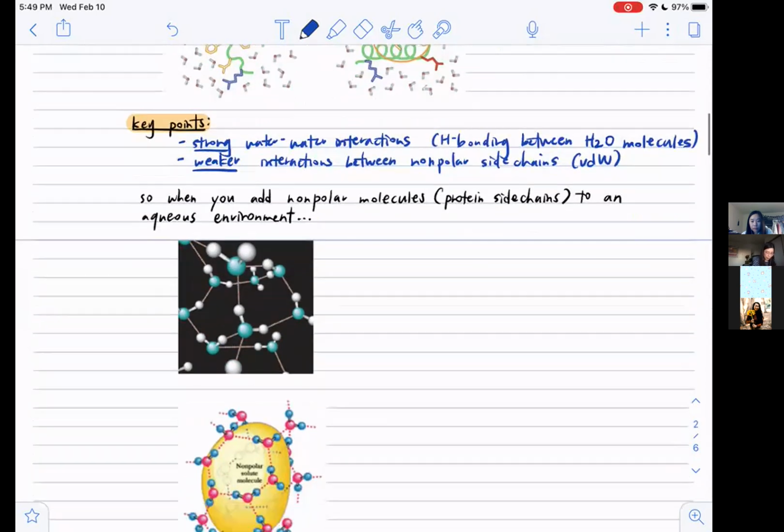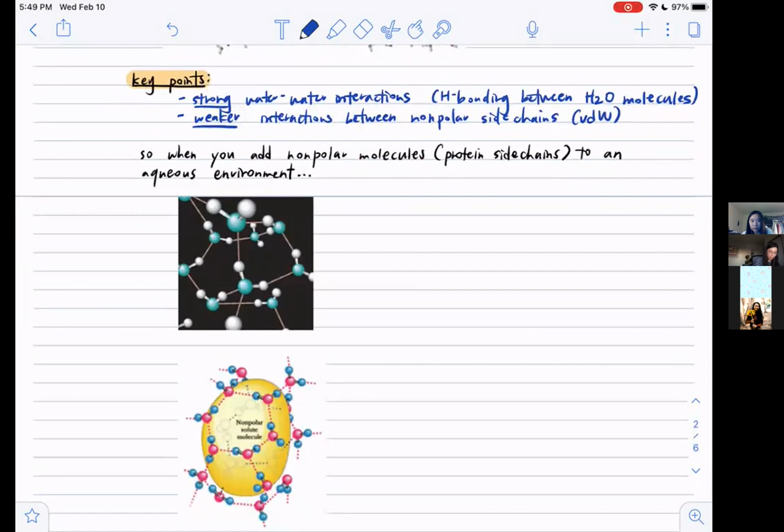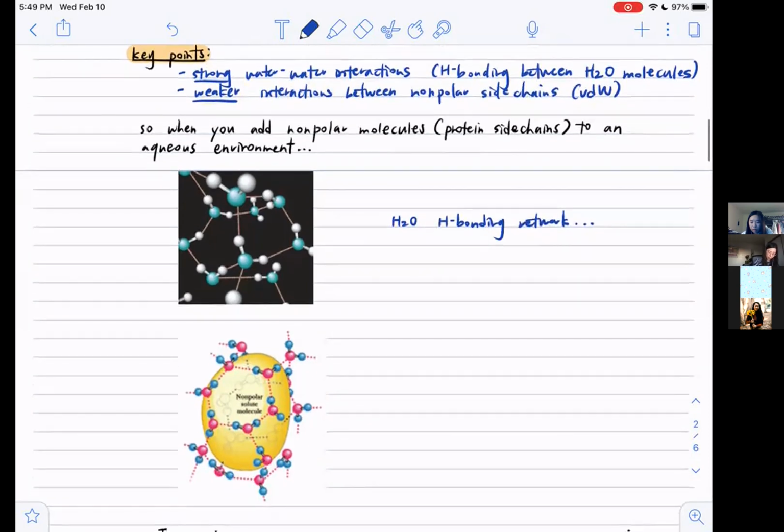Okay, so here is a fun picture of a water hydrogen bonding network. And what happens when you add nonpolar molecules, so in our case, a nonpolar or hydrophobic protein side chain to an aqueous environment, so to water, for instance, this water hydrogen bonding network is disrupted.